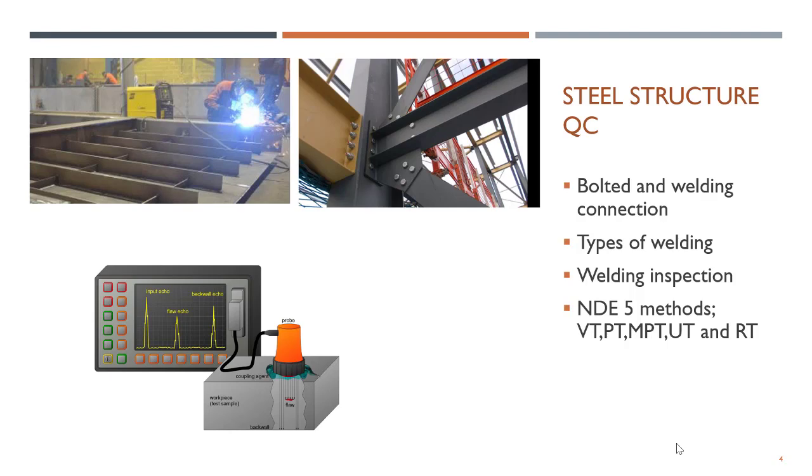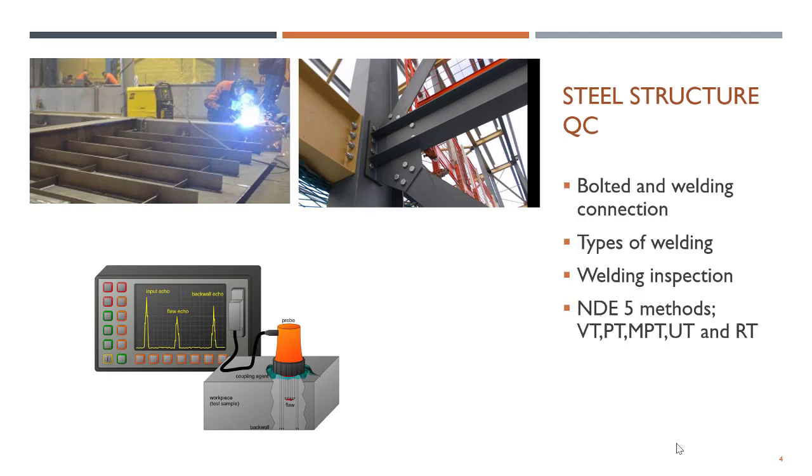These are 5 methods: VT visual inspection, PT dye penetrant inspection, magnetic particle inspection, UT ultrasonic inspection, and RT radiographic inspection. You can see here in the photo on the left the UT inspection.